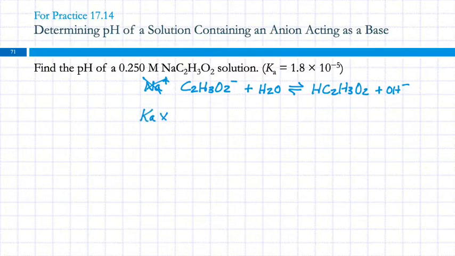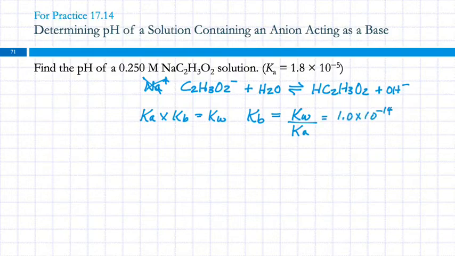Well, Ka times Kb equals Kw. So Kb equals Kw divided by Ka. Okay? 1.0 times 10 to the minus 14, because that's what Kw is, divided by 1.8 times 10 to the minus 5.